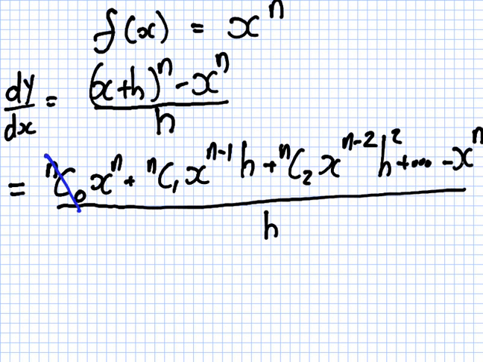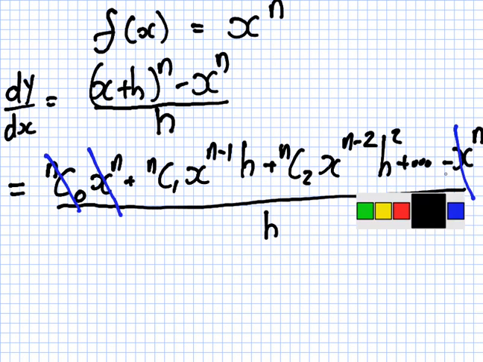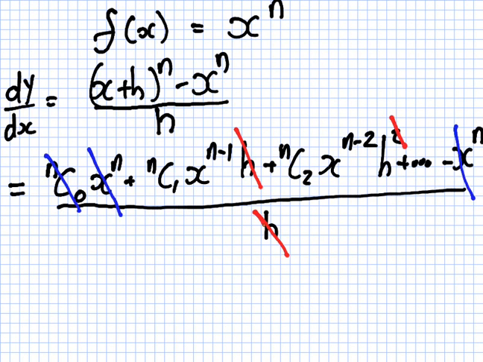x^n minus x^n, they cancel. And if you look here, h cancels h. h squared becomes h, and then the next one will be h cubed, and that will become h squared.